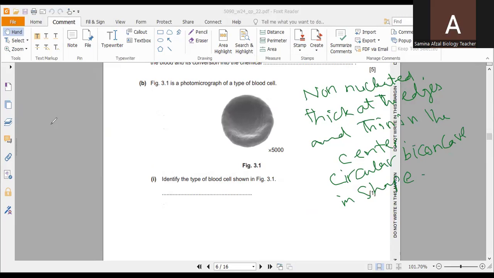So with no nucleus, thick at the edges and thin in the center, this is the red blood cell.